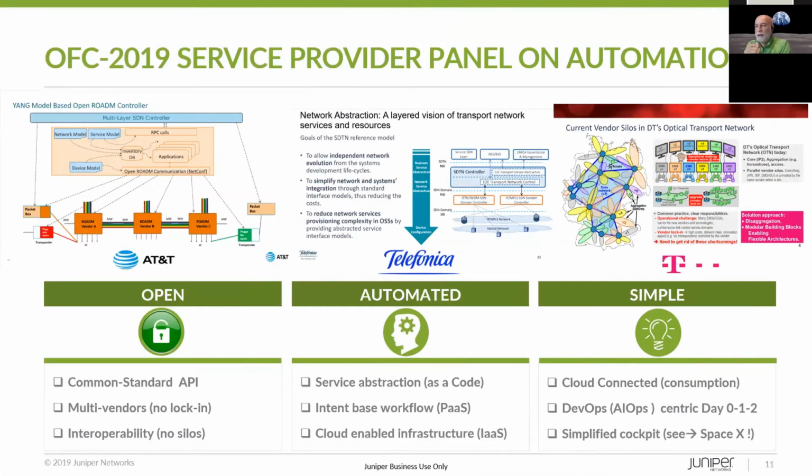We had a survey. Unfortunately, 2019, 2020 has been a little bit of a challenge for all of us to stay connected and have this sort of panel, but we did a panel with some of the largest service providers in 2019, and a lot of feedback came out from that conversation. And fundamentally, what they have told us is openness, automation, and simplification.